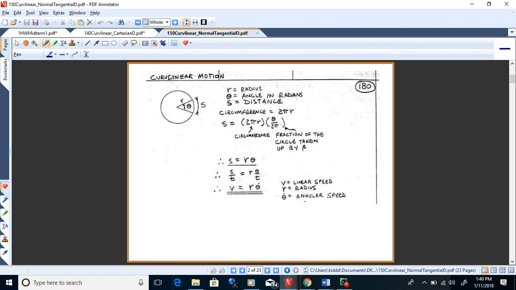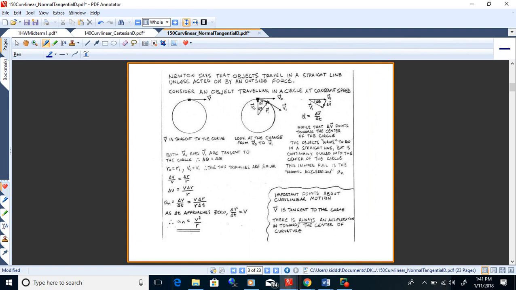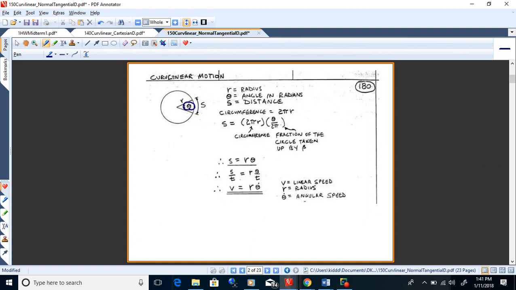Now the circumference of the circle is 2 pi r. So that's how far around the circle it is. Now if we've got a certain angle that we're taking up here, call it theta, the total angle in radians would be 2 pi. So if we measure that angle theta in radians, the arc distance corresponding to that angle would be the circumference of the circle, 2 pi r, multiplied by the proportion of the circle taken up by the arc, which would be theta divided by 2 pi, because there's 2 pi radians in a circle.